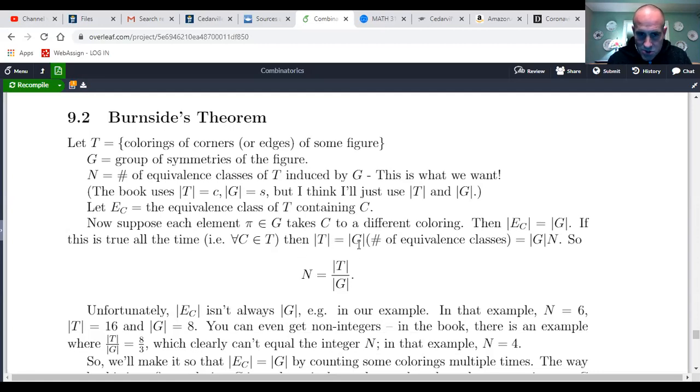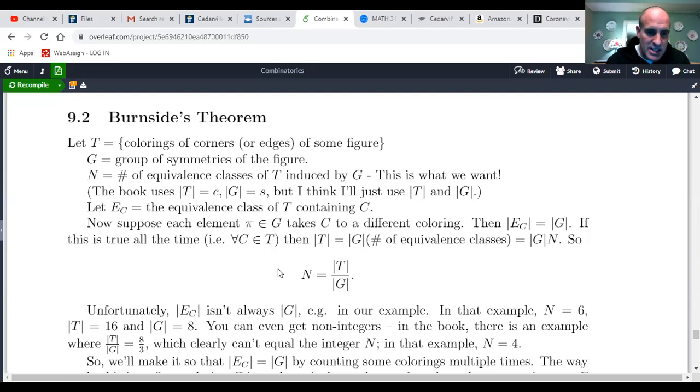The number of colorings would just be the size of the equivalence class, which is equal to the size of G, times the number of equivalence classes. So size of T, which in our example was 16, 2 times 2 times 2 times 2, would be equal to the size of the group times the number of equivalence classes. And so you would be able to solve for the number of equivalence classes, okay?